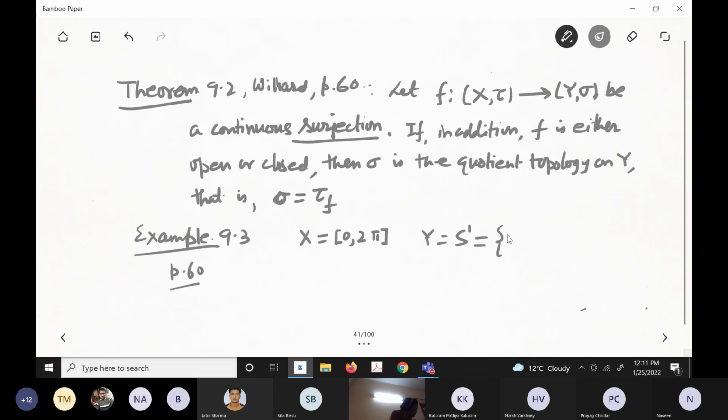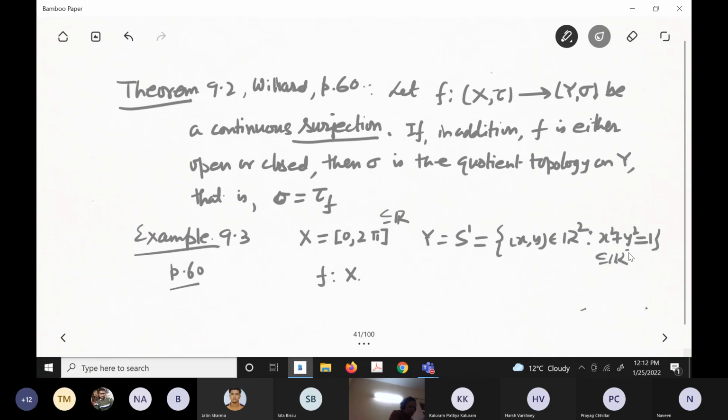Okay. So here you give the map this. All with the usual distance, because it is a subset of R, and this is a subset of R squared.